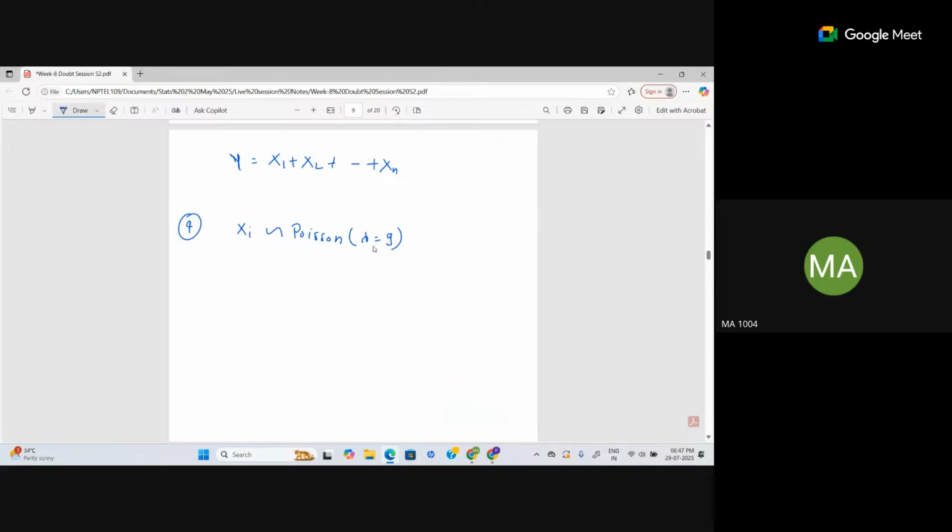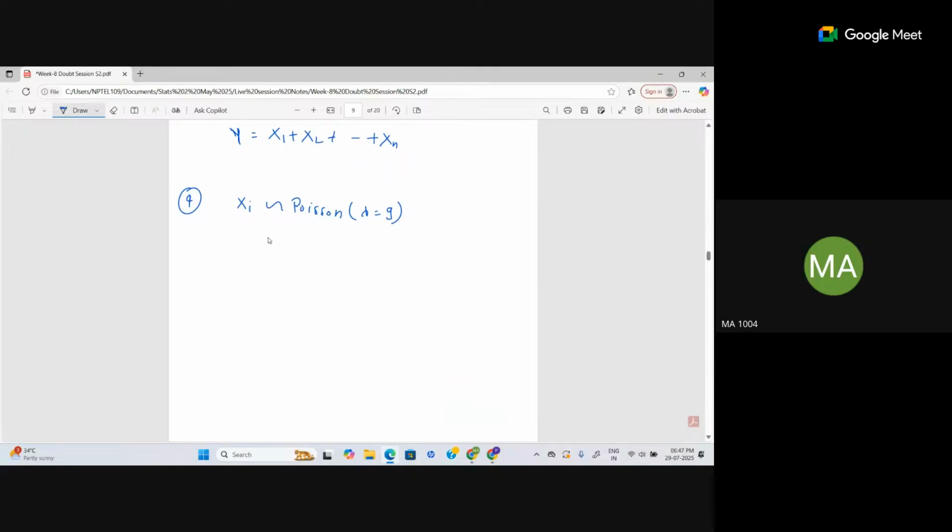So for Xi, the mean is equal to 9, right? And the variance is also 9.